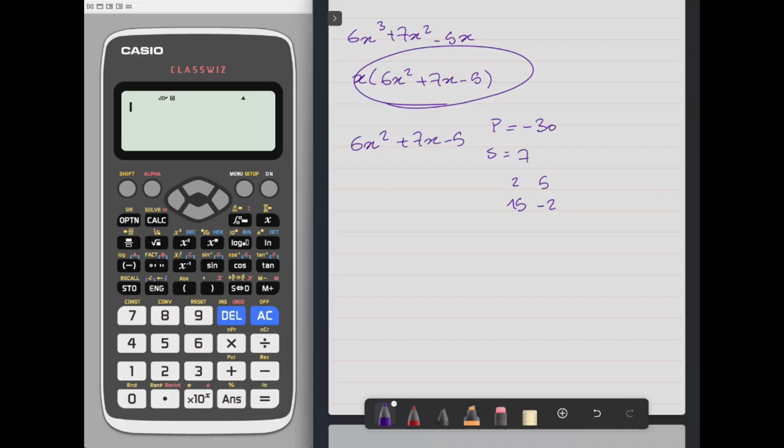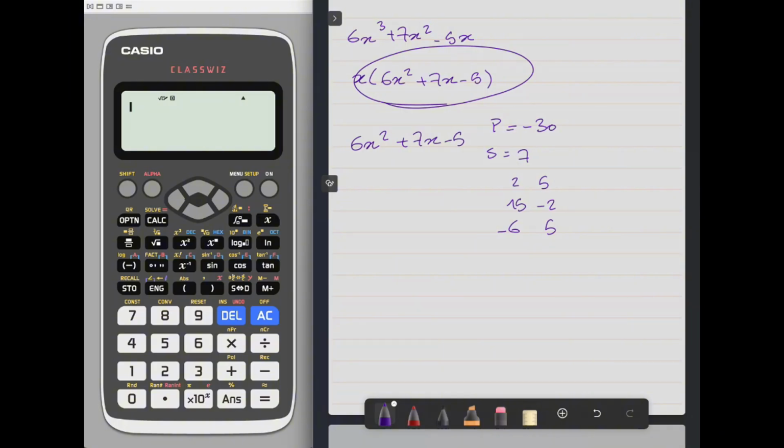Their product will be minus 30, but their sum will be 13, so I do not need this one either. Let's say minus 6 and 5. Their product is minus 30, but their sum is not 7. So what's the use?